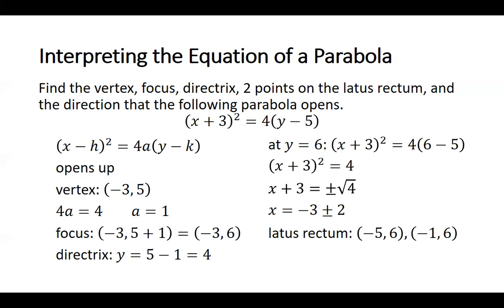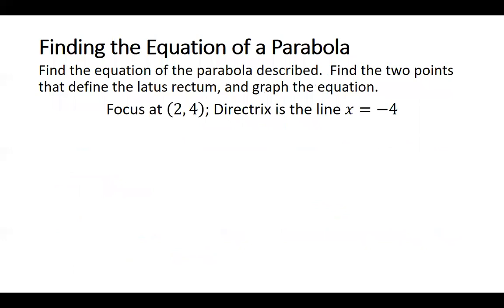So now that we have that, let's go the opposite direction. With this, we started with the equation and found all the pieces of information. Now I want to start with some information and use that to find the equation for the parabola.